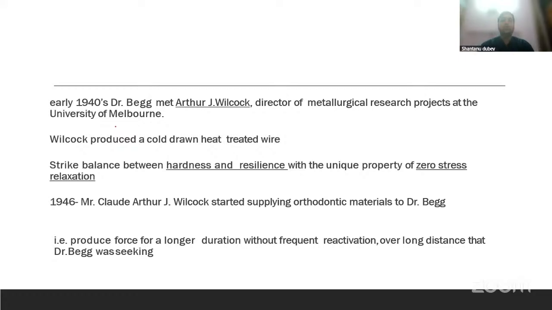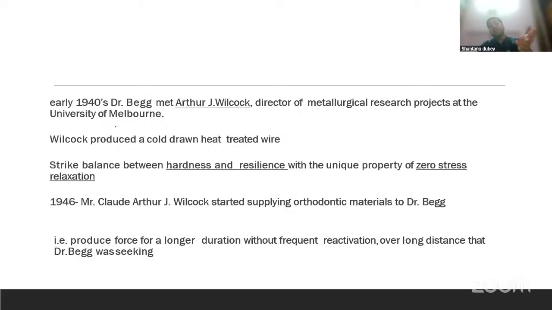So Wilcock produced cold drawn, heat treated wires. Stainless steel, you all remember, is shiny. So you basically roast it. Whenever you roast a thing, like roasting a corn, it becomes yellow to black, right? So stainless steel roasted became black. So always remember it is heat treated and then cold drawn. It strikes a balance between hardness and resilience, and that is why he developed it.